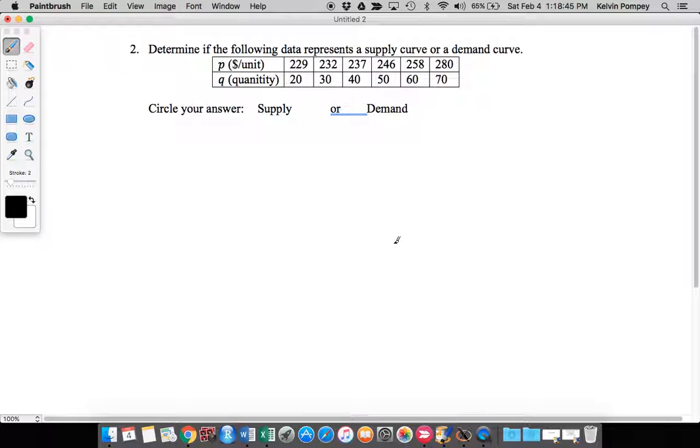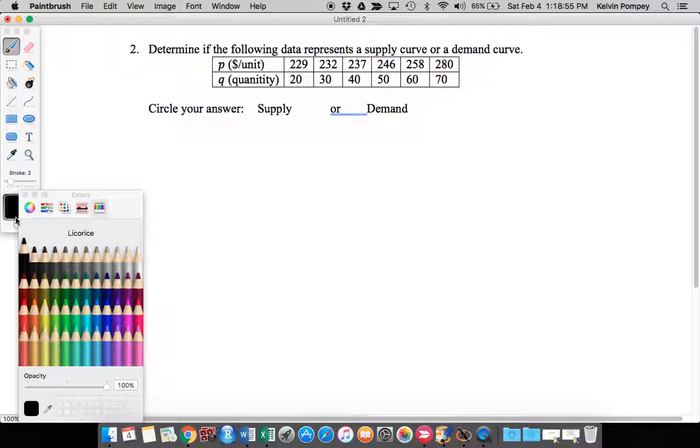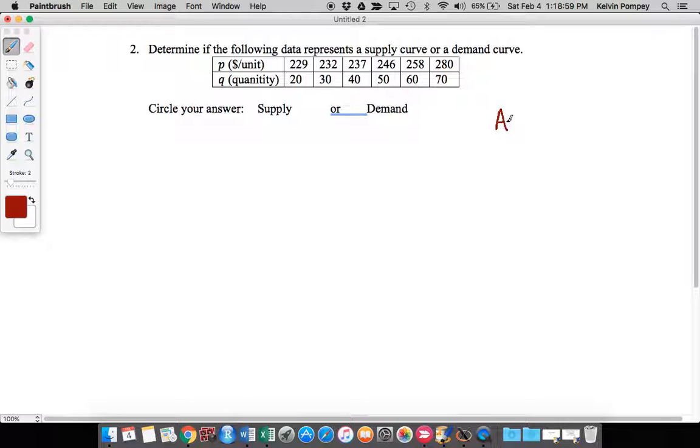Problem 2 says determine if the following data represents a supply curve or a demand curve. And we have these values here. The way I went over this in class, we try to answer this as price increases.